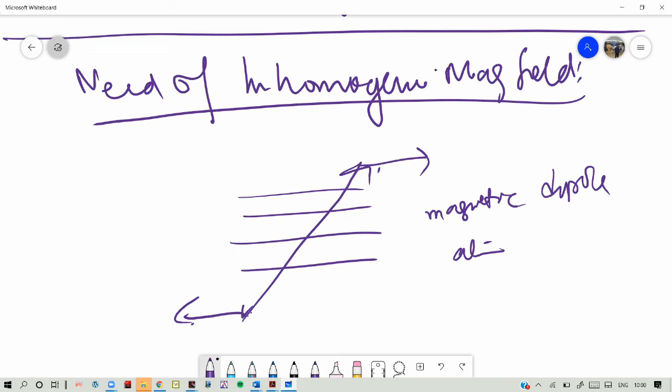Deflection is something different from torque. Torque is a turning. So we will not be able to obtain them separately on that plate. That is why they took a non-homogeneous magnetic field.